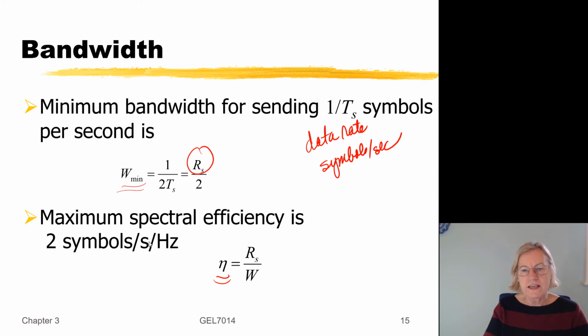For instance, the maximum spectral efficiency for binary signaling would be 2 symbols per second per hertz, the units for spectral efficiency.